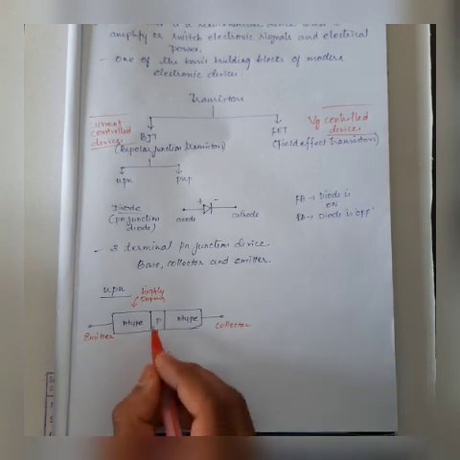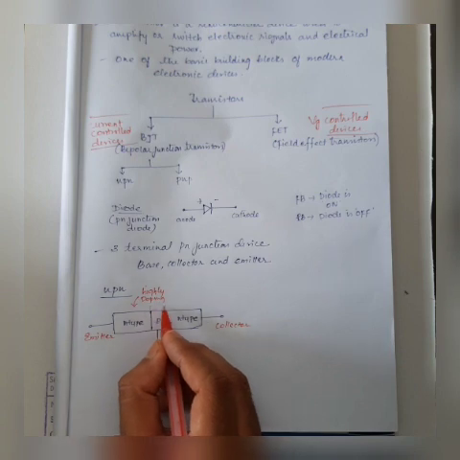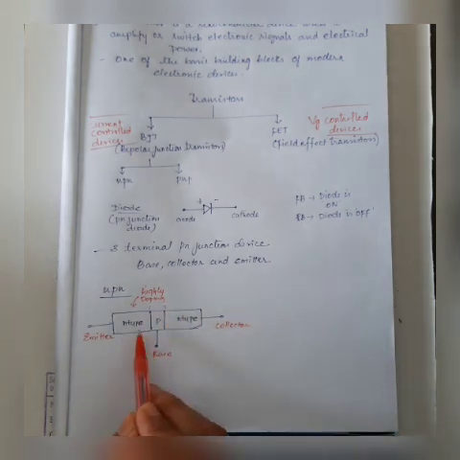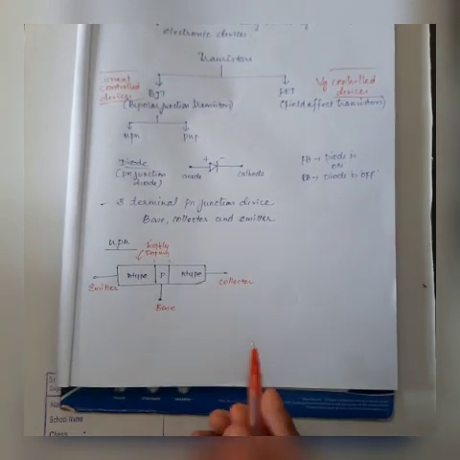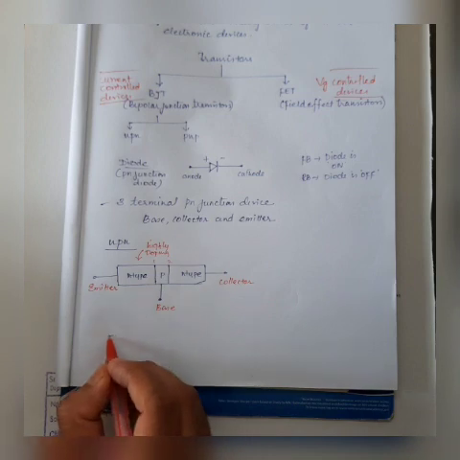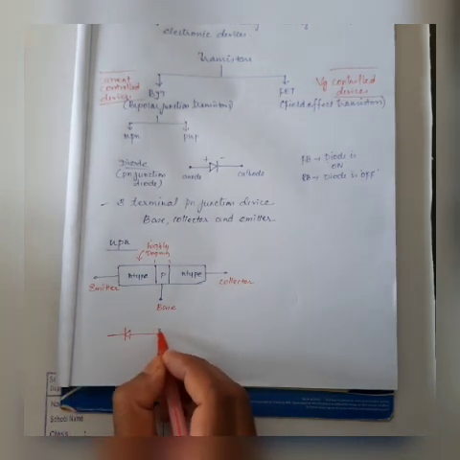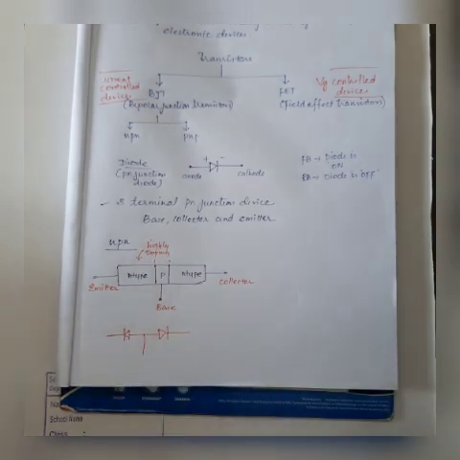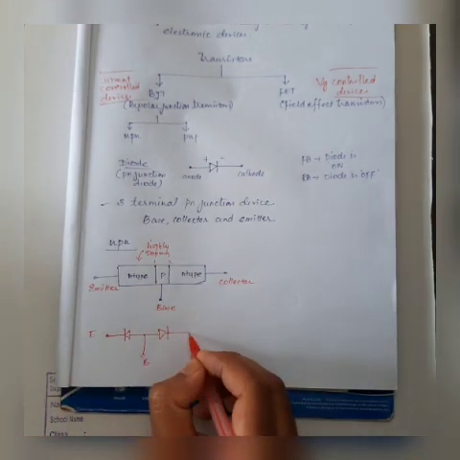You can see by combining material like this, we'll get two junctions here. One in between N and P, the other in between P and N. If you see this, we can easily say this is nothing but two diodes connected back to back. This is emitter, this is base, this is collector.